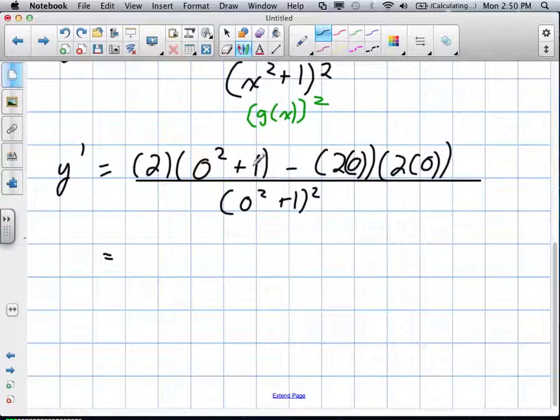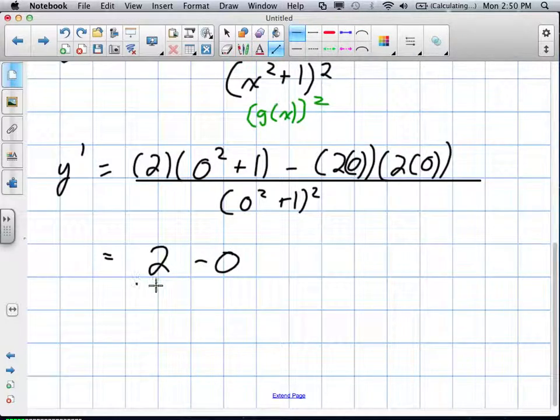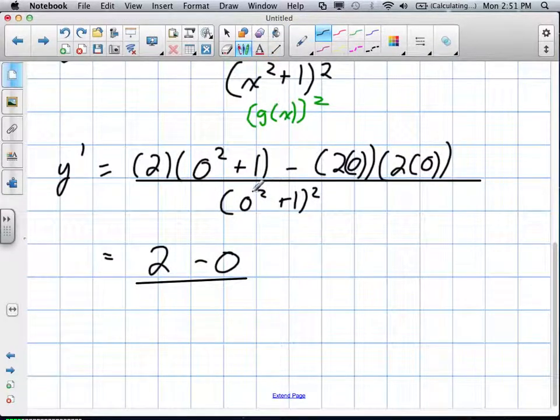Plus 1? 1. So 1 times 2 is 2. So I actually have a number for the first set of terms. 2 times 0 is still 0. And on the bottom, we're left with 0 squared, which is 0, plus 1, which is 1, squared. So we're left with 1. So in the end, we end up with the number 2.